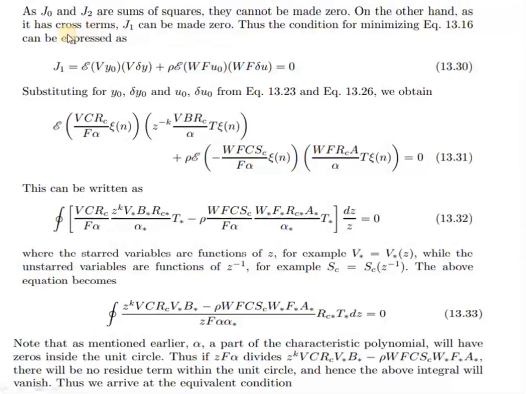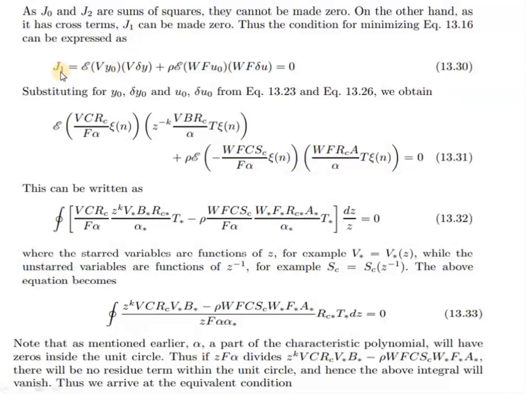That's why we can't equate J0 and J2 equal to 0 due to the square term. Therefore we have to make J1 equal to 0. Our main aim is to minimize this performance index, but we can't equate J0 and J2 equal to 0. That's why we have to make J1 equal to 0.